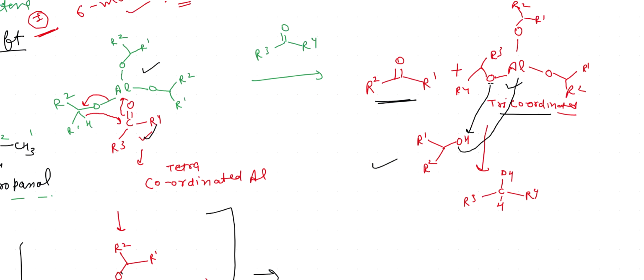Then you will get this as alcohol. Again in this reaction, aluminium isopropoxide is regenerated, plus tri-coordinated aluminium is obtained.